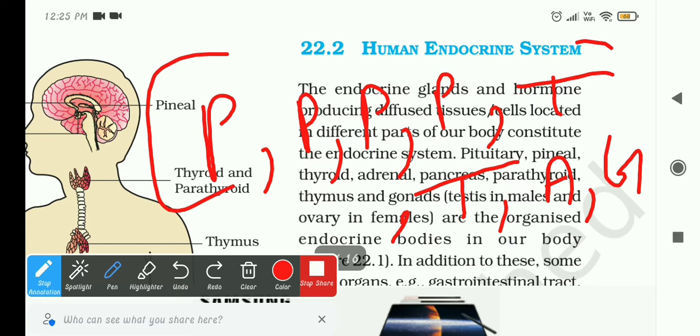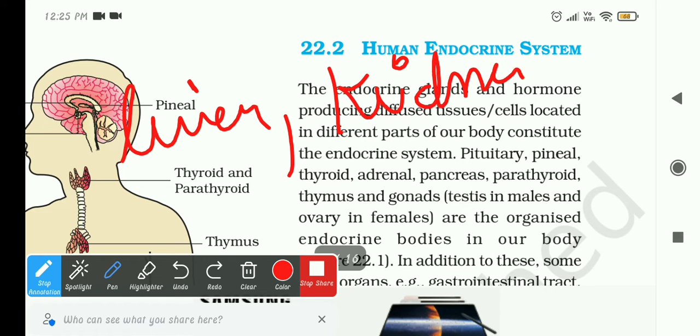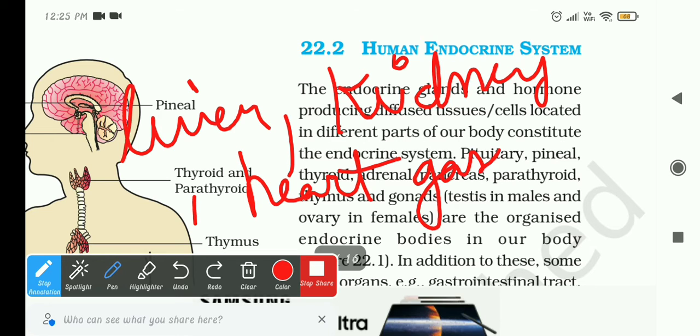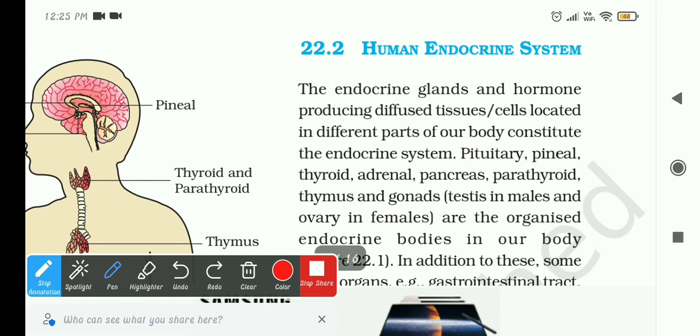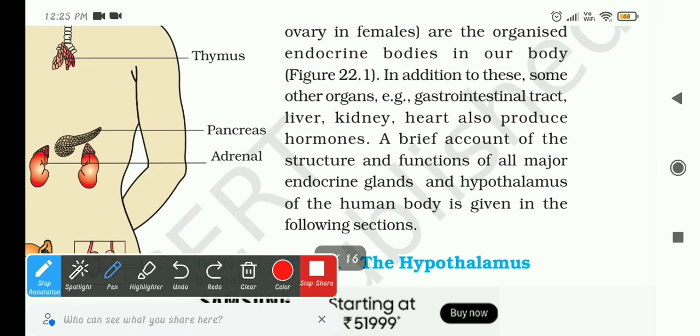Some other organs, like our liver, kidney, heart, and gastrointestinal tract, also produce some hormones, which we are going to learn about later.